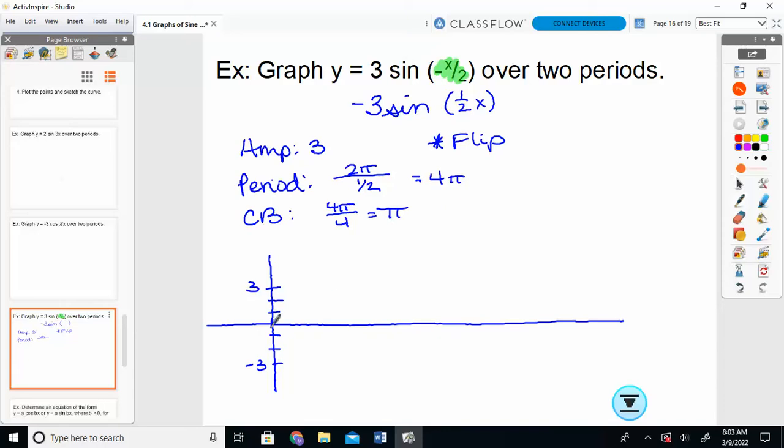Okay, I'm counting by pi, so we have 0, 1 pi, 2 pi, 3 pi, 4 pi. Sine starts at 0 and then goes up. But I said we are going to flip this sign. So that means it will start at 0, but it will go down first.